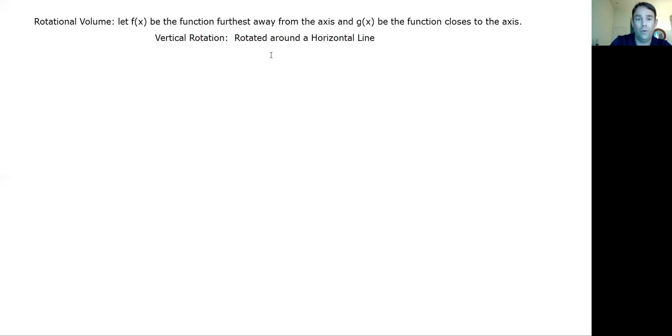We have the one where our bounded region is greater than the axis. So in other words, the bounded region is on top of the axis. And then we also had where the axis is greater than the bounded region.